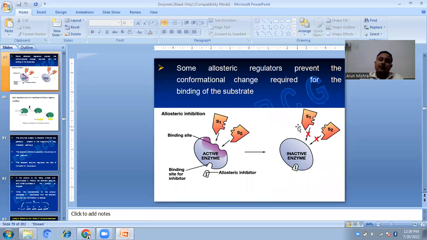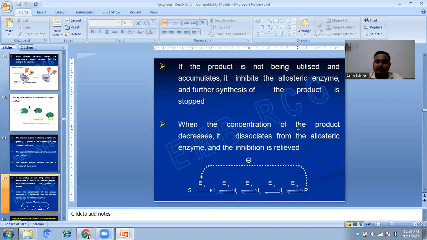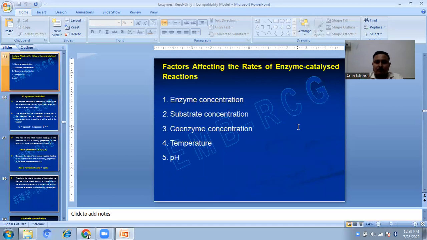And certain enzymes get inhibited by joining of an allosteric molecule. They are known as allosteric inhibitors for those enzymes. There are certain factors which affect the rate of enzyme catalyzed reaction, those being enzyme concentration, substrate concentration, coenzyme concentration, temperature, and pH.